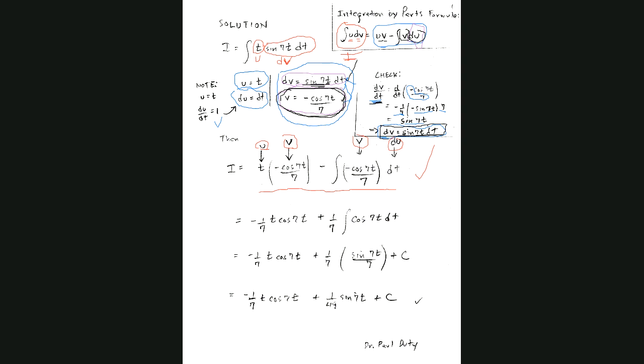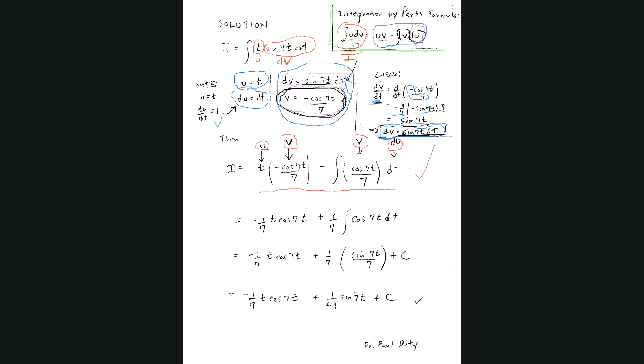Let me use maybe green. This integration by parts formula here says the integral of u dv equals uv minus the integral of v du. That's the integration by parts formula. What I did was start on the left with the integral of u dv.